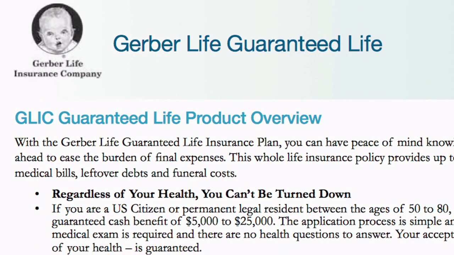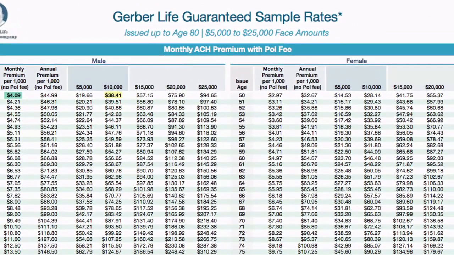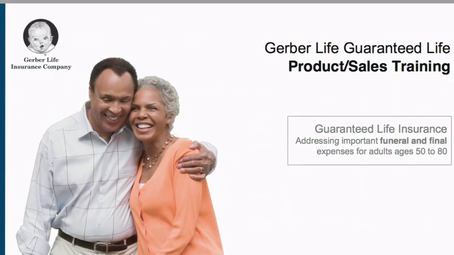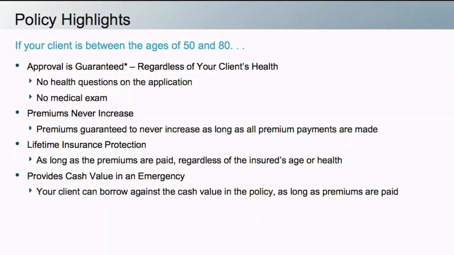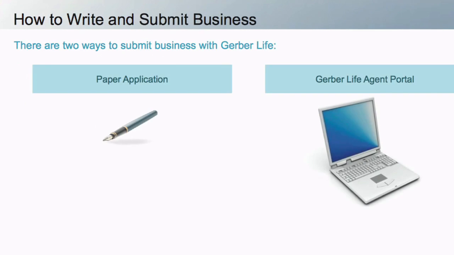It's shorter, just a quick snapshot of the product. Rate card, a comprehensive rate table. And sales alert? What's that? The sales alert will give you ideas for how to position the product with your clients. It's got all kinds of information to help you learn more about the Guaranteed Life product and has tips for you on how to submit an application. I guess I can use some pointers on that.